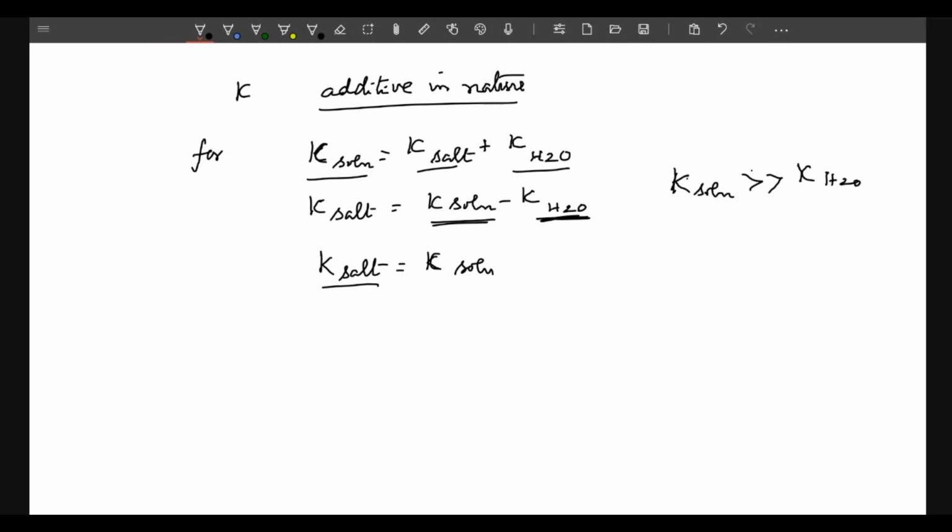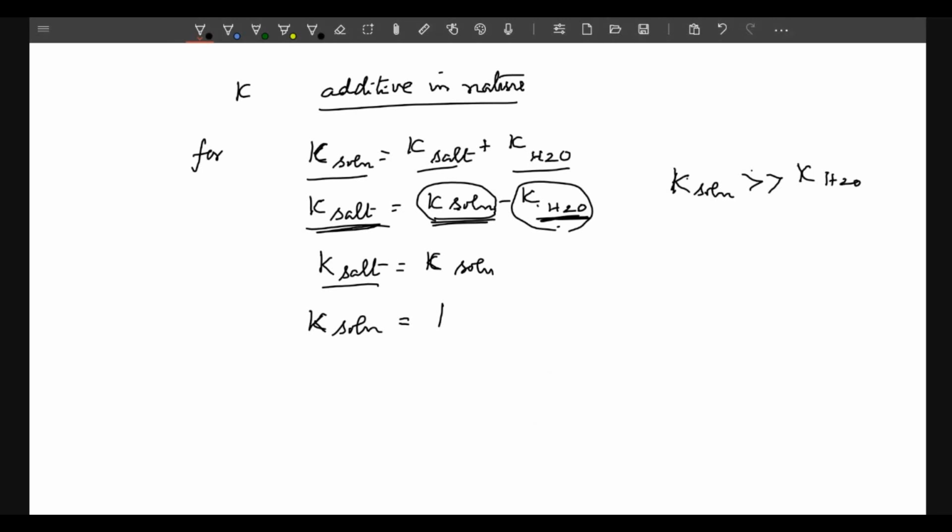But for a sparingly soluble salt, the kappa of the solution, that is the specific conductance of the solution, is slightly higher than the specific conductivity of the water.